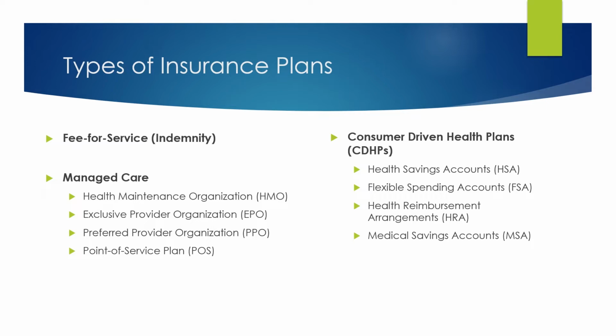Employers manage these arrangements, and health reimbursement arrangements have a cap on how much reimbursement employees can actually receive in a year. So the remaining funds will roll over year to year. Now, last are those medical savings accounts, which are offered through a lot of the Medicare Advantage plans, which we'll talk about. And they have a high deductible health plan with a savings account kind of attached onto it.